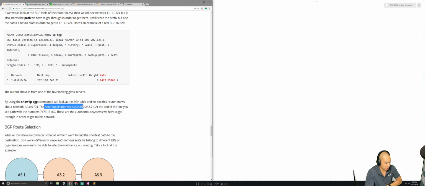The next hop IP address is 202.160.242.71. At the end of the line, you will see paths with numbers 7473 and 15169. These are the autonomous systems we have to get through in order to get to this network.